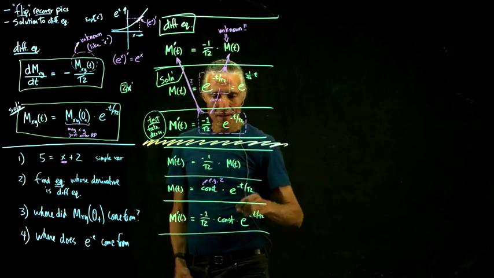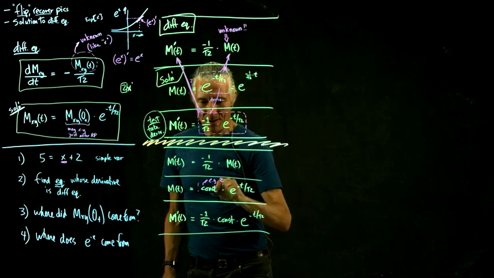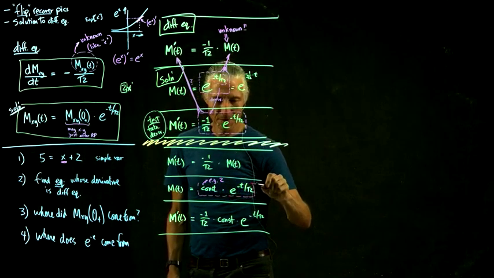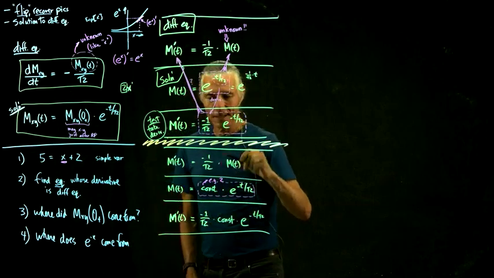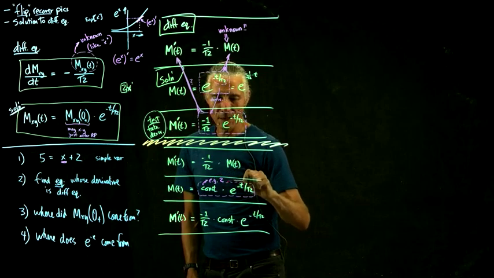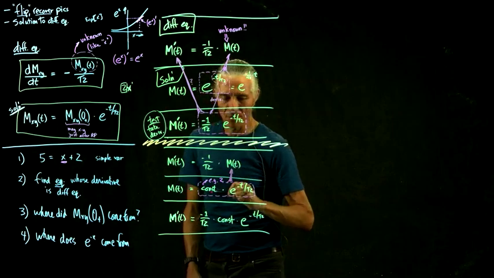So if you look at this one now we've got this thing here. This whole thing is our unknown, and that's the thing we're proposing as the answer to this unknown. MT is unknown.